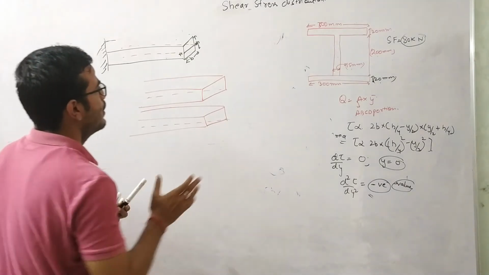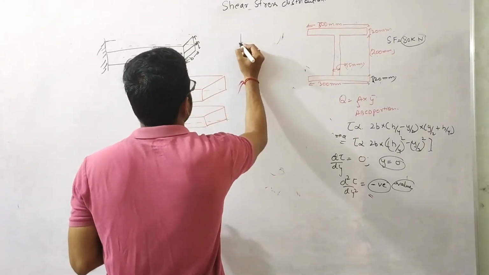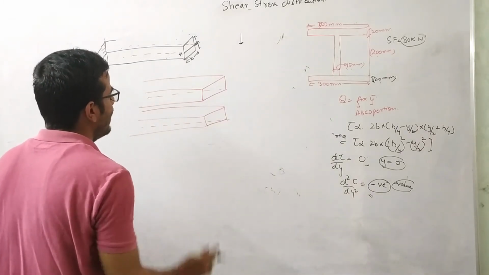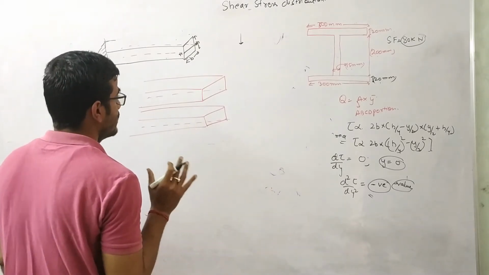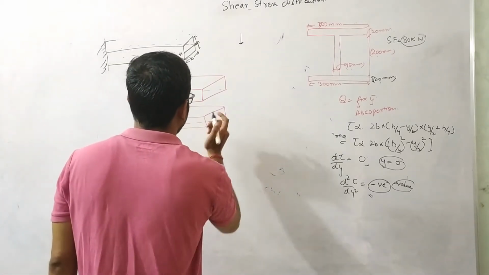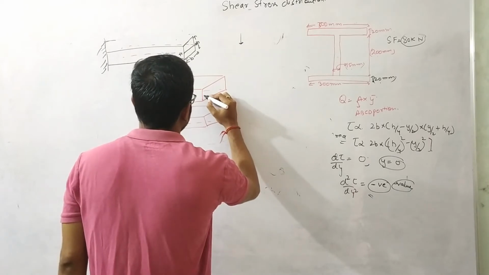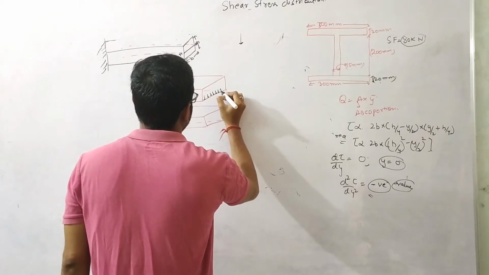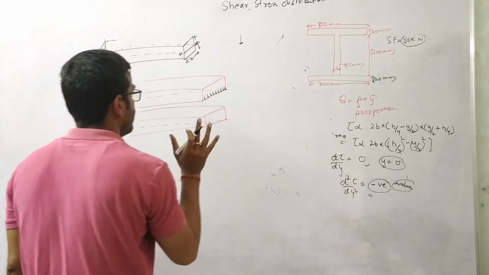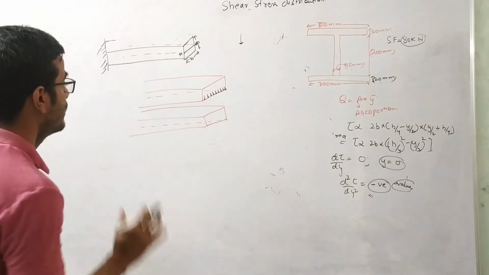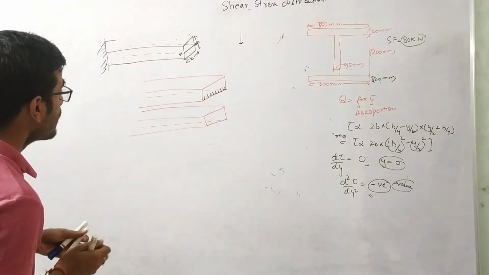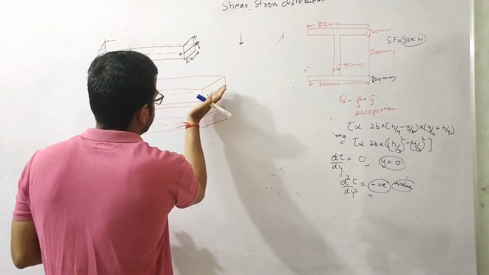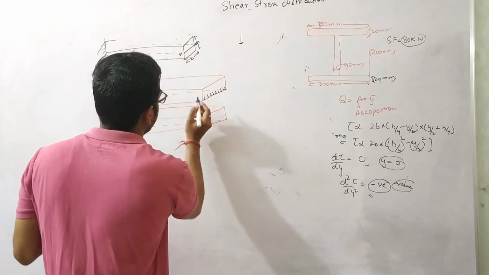At neutral axis level, due to this shear force V, which is acting in the downward direction, I will have a vertical transverse shear force in the downward direction. At this section, I'm drawing the shear force like this. This vertical shear force at neutral axis level will be maximum. Now, the complementary of this vertical transverse shear will result in the longitudinal stress.